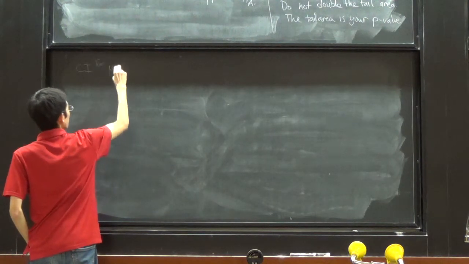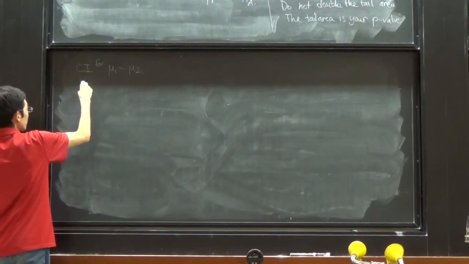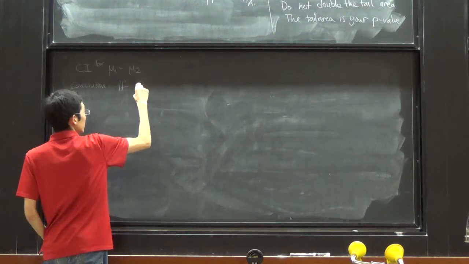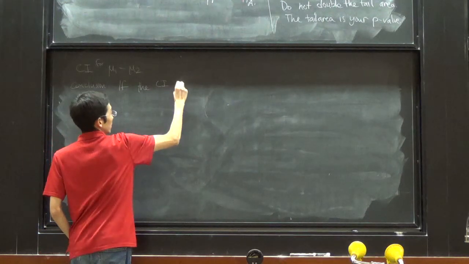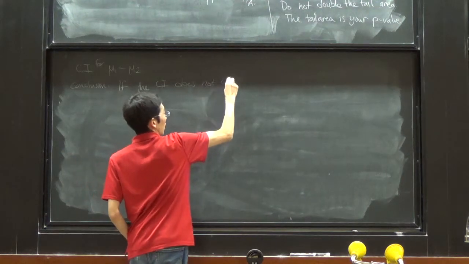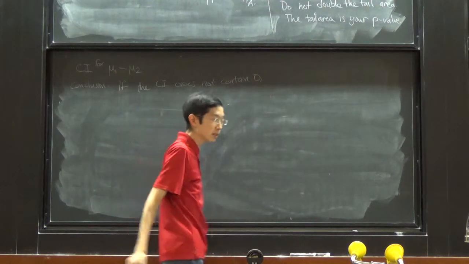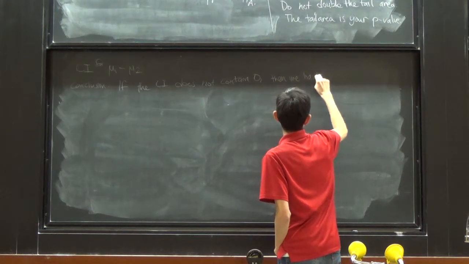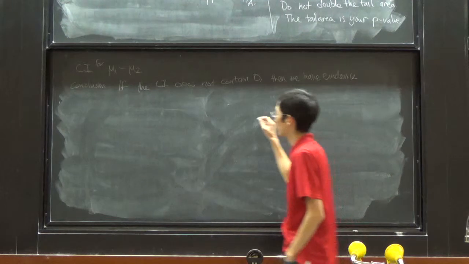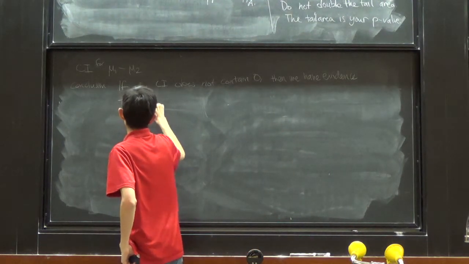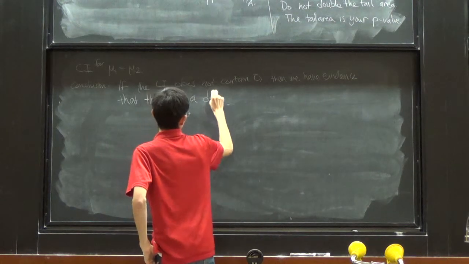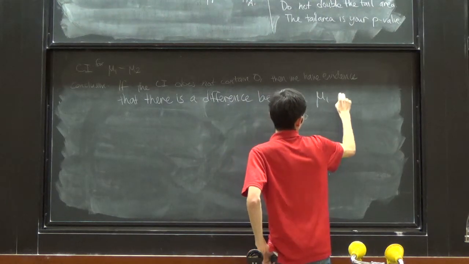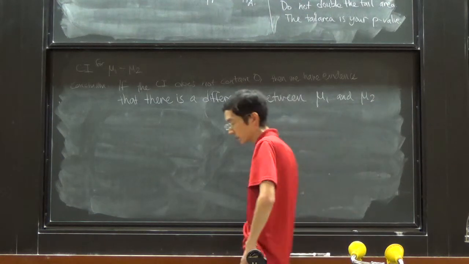The conclusions were, if the confidence interval does not contain 0, then we have evidence that there is a difference.